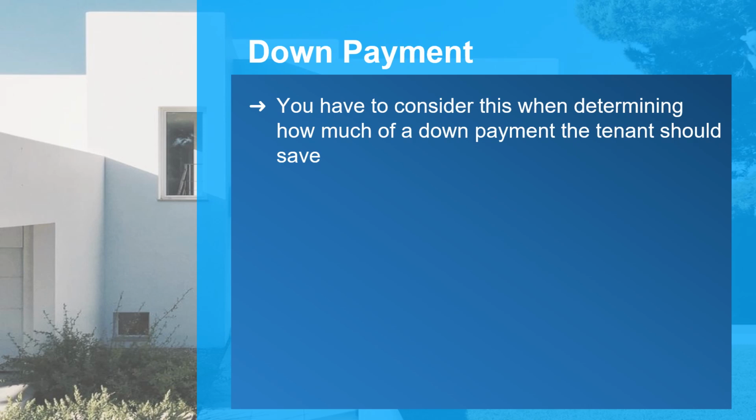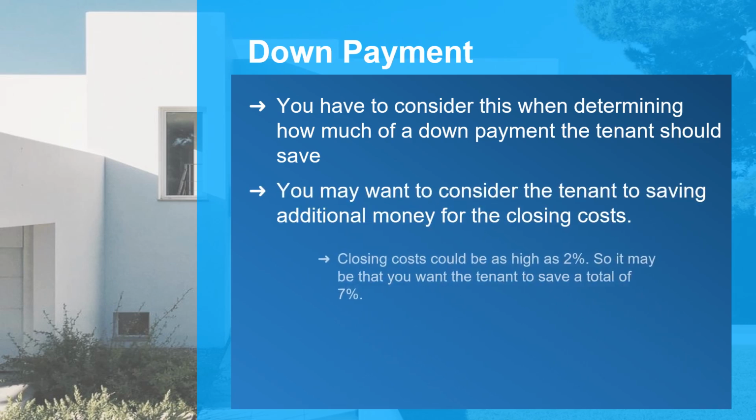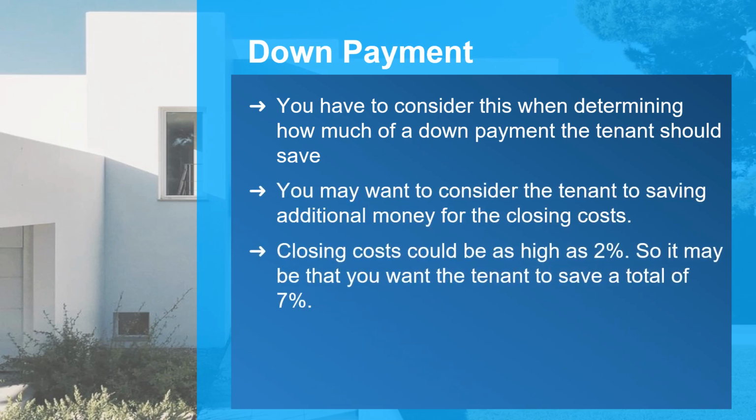You also want to consider that the tenant may need additional money for closing costs. The closing costs can be as high as 2%, because 1% is normally the land transfer tax. But if you're living in Toronto or some other city, there might be a 2% land transfer tax or property tax.